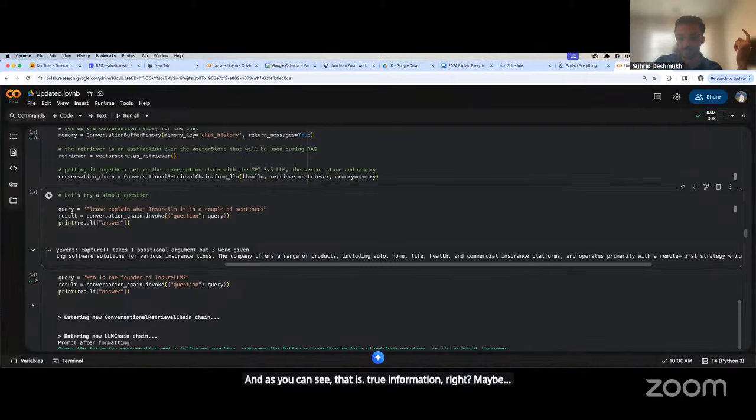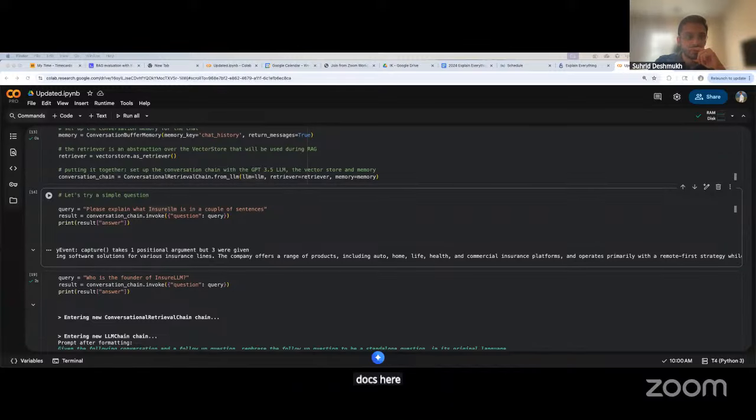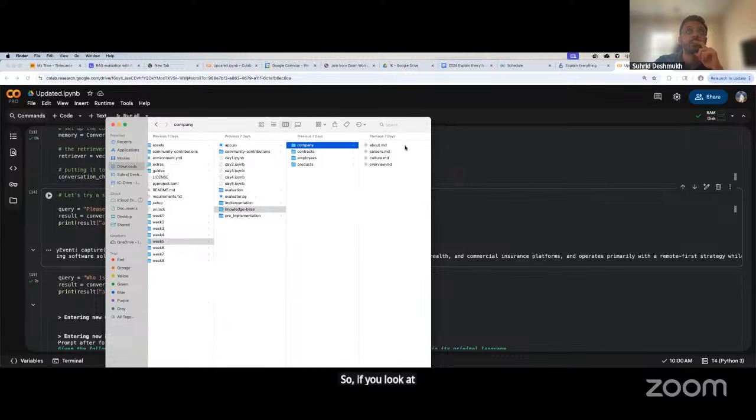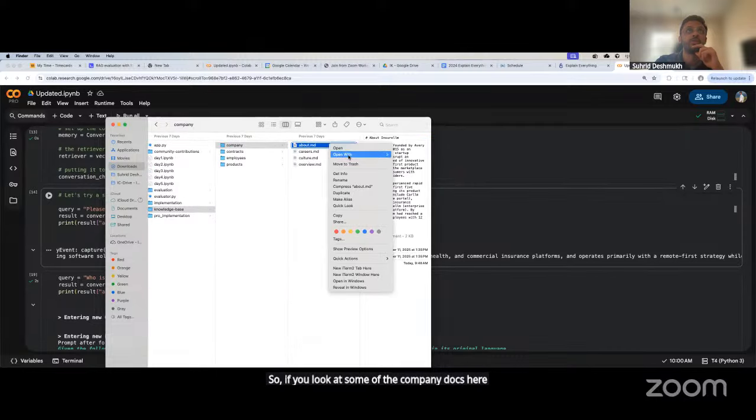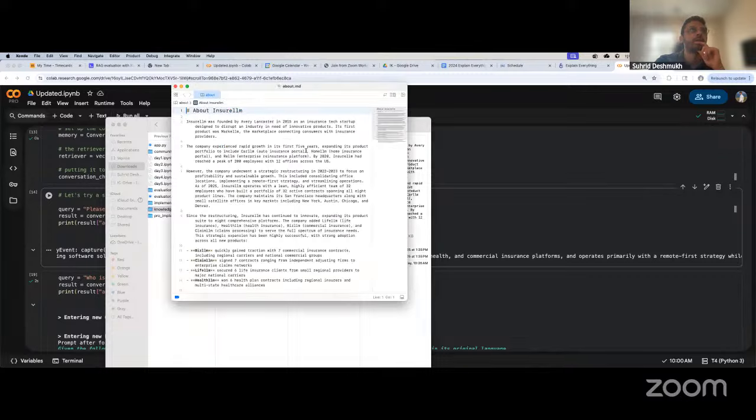Maybe I can go to some of those docs here. So if you look at some of the company docs here, that is what you would see in this doc. It's a company founded in 2015.